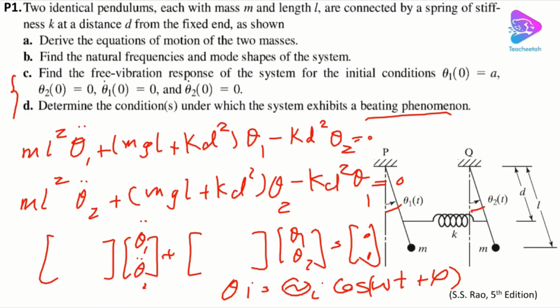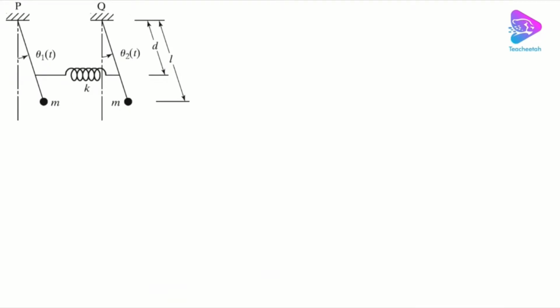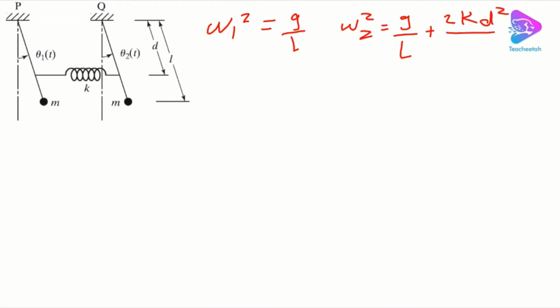So I just want to present the expressions for the natural frequencies and the mode shapes. As you may remember, we found omega 1 squared equal to g over l, and omega 2 squared equal to g over l plus 2kd squared divided by ml squared. How did we find it?